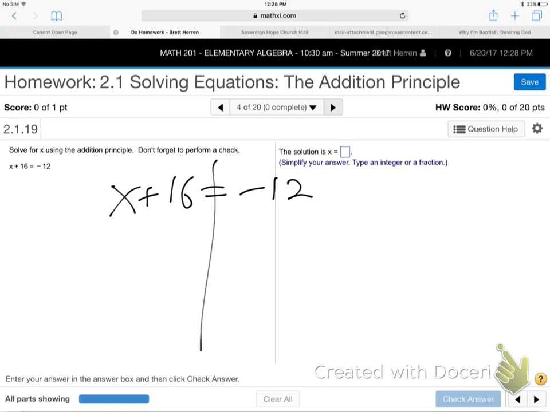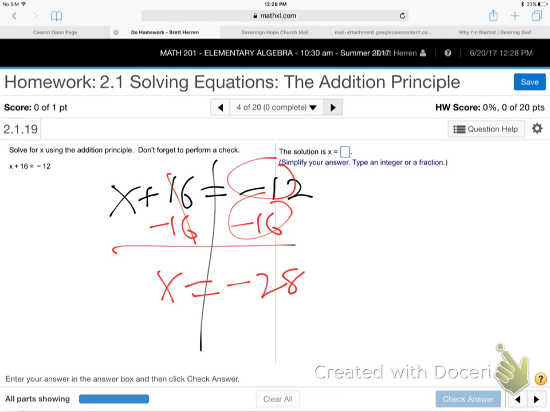So what do you do? x wants to be alone. What do you do to get x alone? We subtract 16. And there it is, x alone. On the other side, it's a big loss of money again. What is that? Minus 28. Good? All is well? Easy?